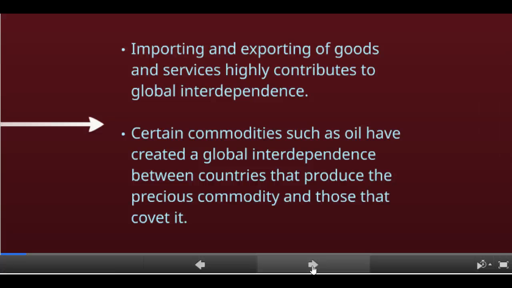And oil is a highly sought after commodity throughout the world. Everybody needs oil. They use oil for their machines to run, and so that creates global interdependence between the countries that have it and produce it, and those that are not able to produce it and need it.